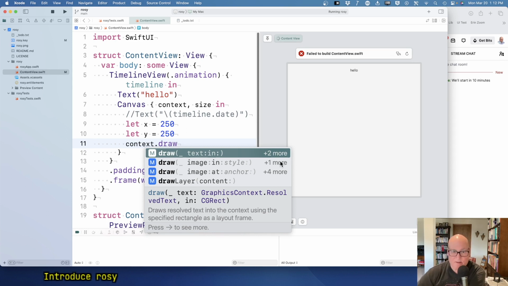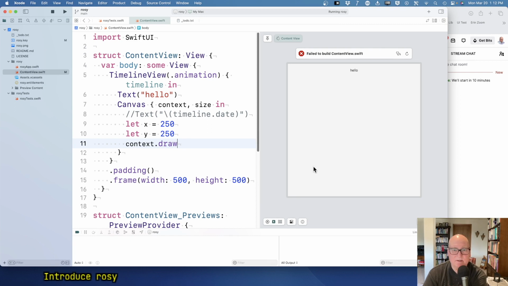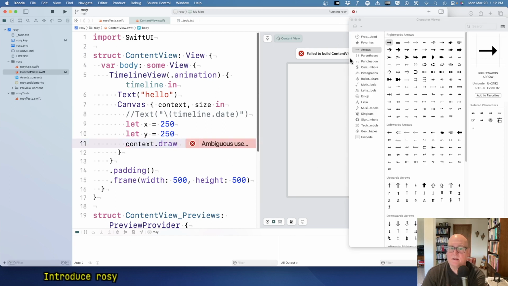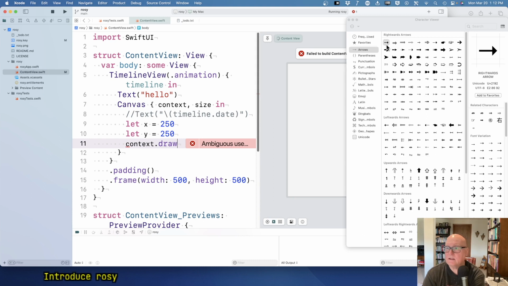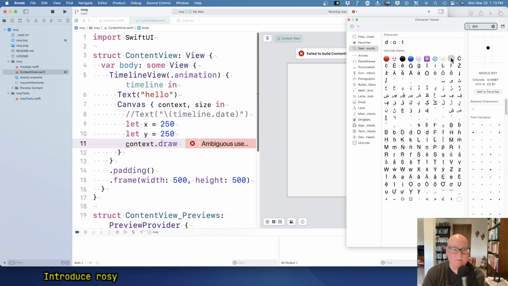Well, maybe we should take a look for images. I never can get that on the first key press. Let's find some sort of dot. I'd ideally like one that's centered in its place. Oh, yeah, that one's probably it, a middle dot.